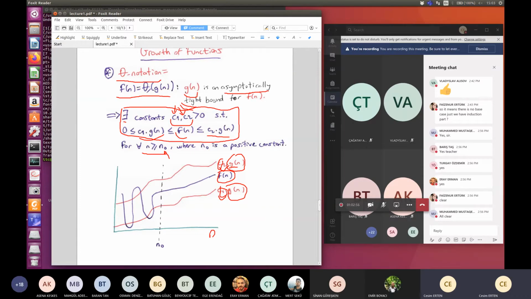As n grows to infinity, f of n behaves the same way as g of n. Notice this growth behavior in here. f of n is growing in some way. Some constant times g of n is growing the same way. Some other constant times g of n is also growing the same way. And f of n is sandwiched in between them.